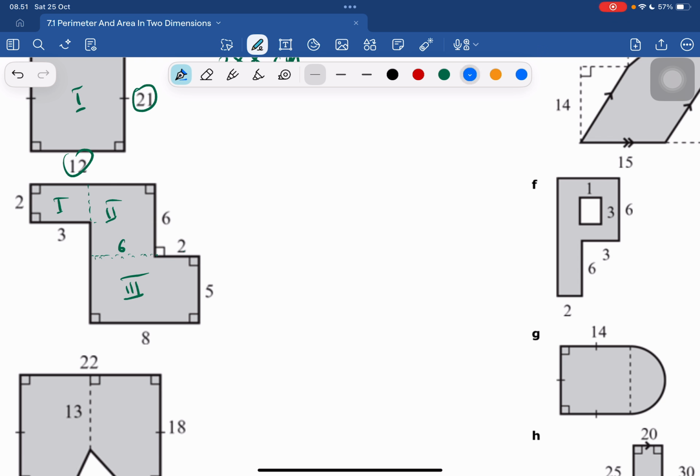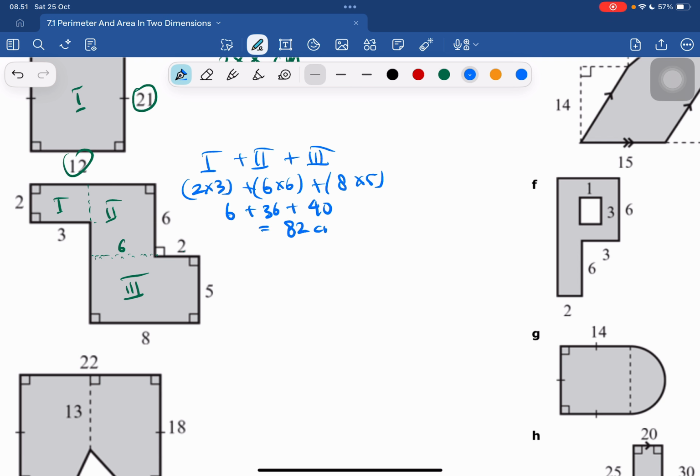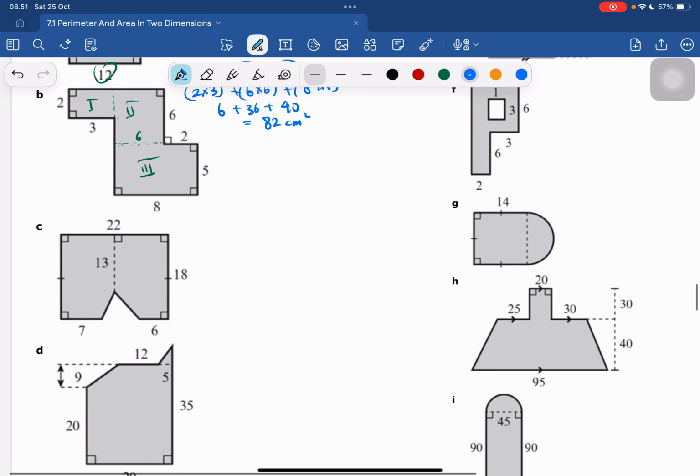So we just need to add the first area, second area, and third area. So the first area is 2 times 3. Second area is 6 times 6. And the last area is 8 times 5. So this is 6 plus 36 plus 40. So the total is 82 centimeter square.